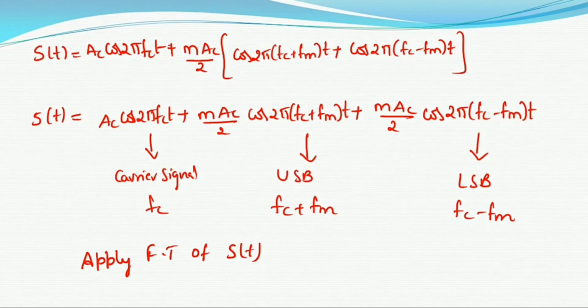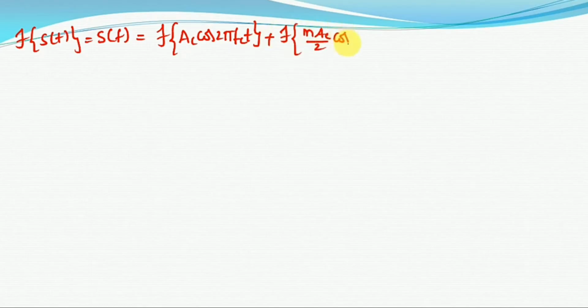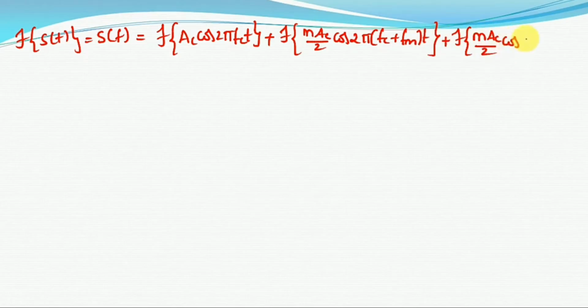If I apply the Fourier transform of S of t, it will be S of f. For the first term the transform is Ac cos 2 pi Fc t, and for the second term it is m into Ac by 2 cos of 2 pi into Fc plus Fm into t, and for the third term, m into Ac by 2 into cos of 2 pi of Fc minus Fm into t.